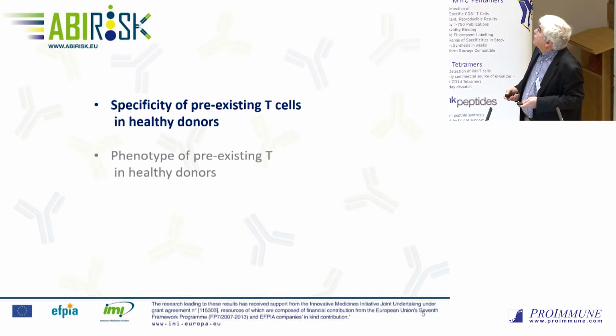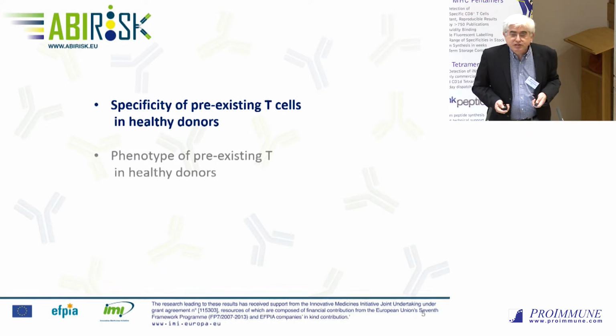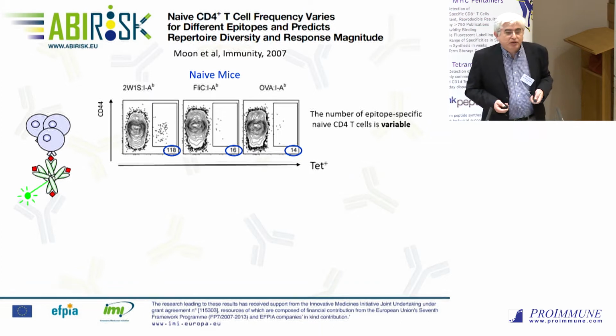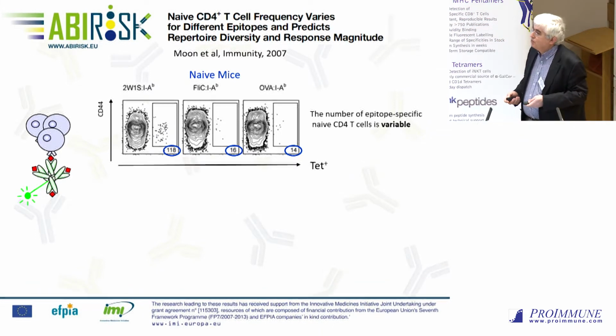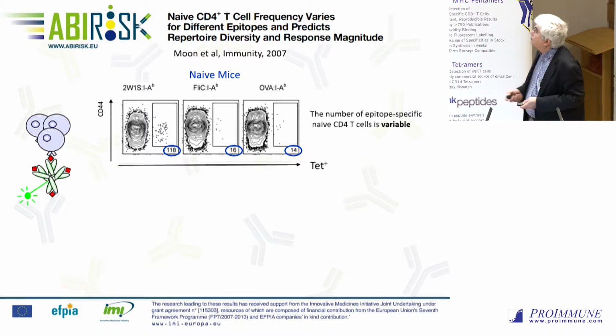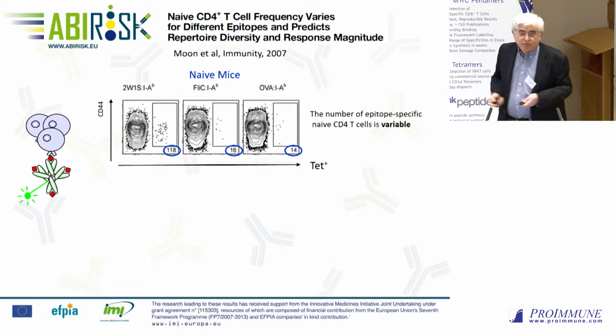So let's go for the specificity of the pre-existing T cells. I like very much to remind you this very nice paper from Jenkins' lab. They use these very amazing tools that you can get also from ProImmune, a tetramer.